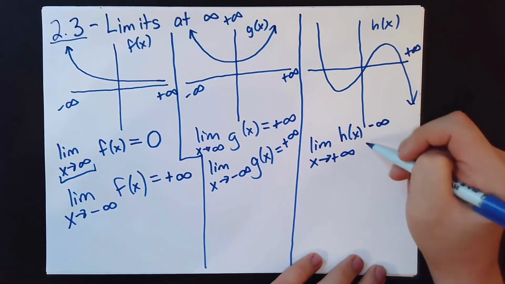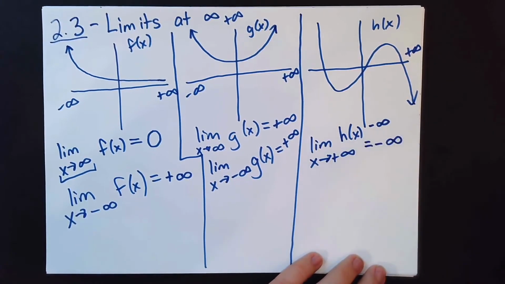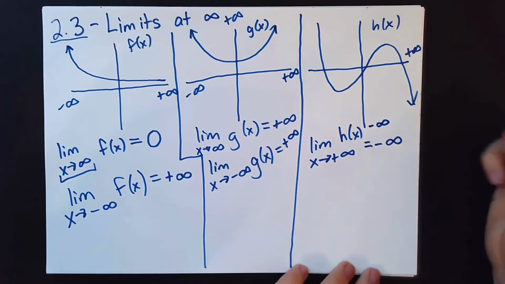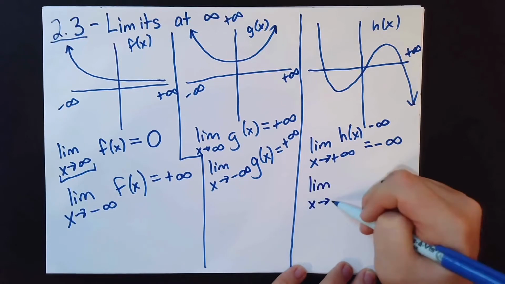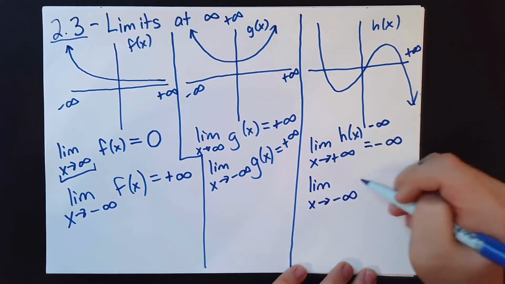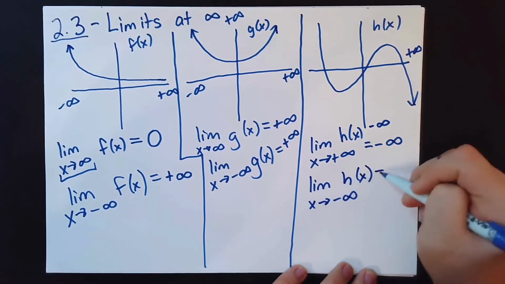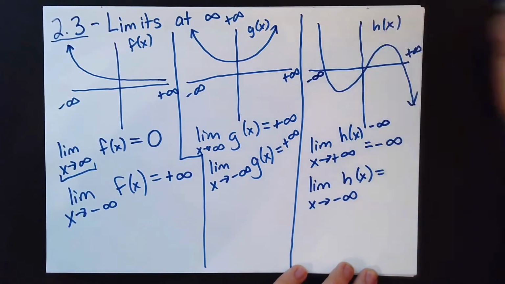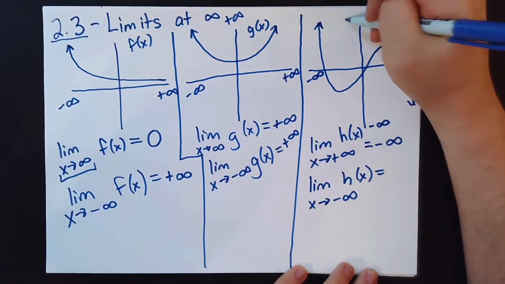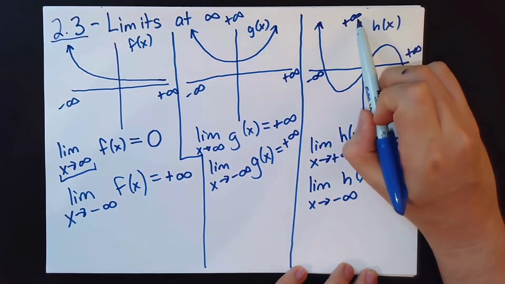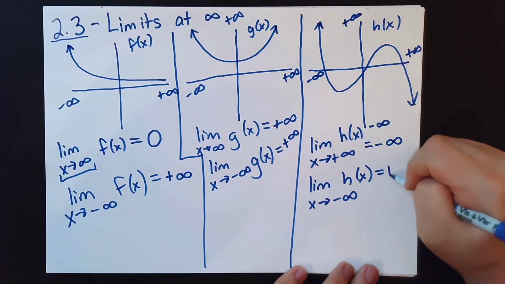And so this limit is minus infinity. Whereas the limit as x goes to minus infinity of h of x, now minus infinity in the input direction is that way, but it's now going up, so it is going towards plus infinity on the output axis. So this is plus infinity.